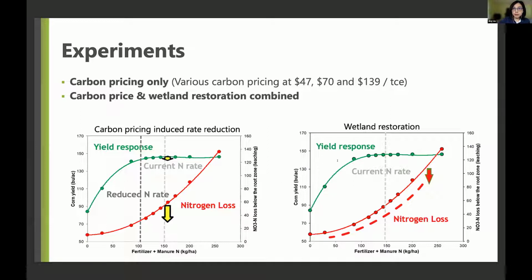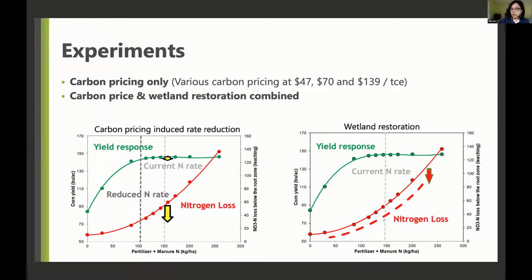And if you look at the wetland, we're not only moving along the curve, but also shifting the curve down to a lower level. That means the wetland is more or less like a post-application treatment that doesn't really need farmers to reduce a lot of fertilizer application. But once the nutrient is dumped in the water, the wetland will denitrify and take care of the removal.